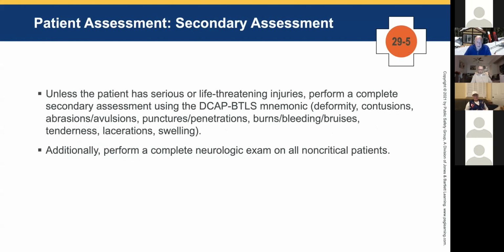Unless the patient has serious or life-threatening injuries, perform a complete secondary assessment using DCAP-BTLS: deformity, contusions, abrasions, avulsions, punctures, penetrations, burns, bleeding, bruises, tenderness, lacerations, and swelling. Additionally, perform a complete neurological exam on all non-critical patients. Again, this is if they've had an impact with the water or possibly the bottom of the pool.